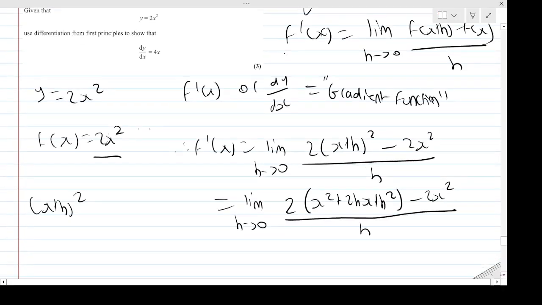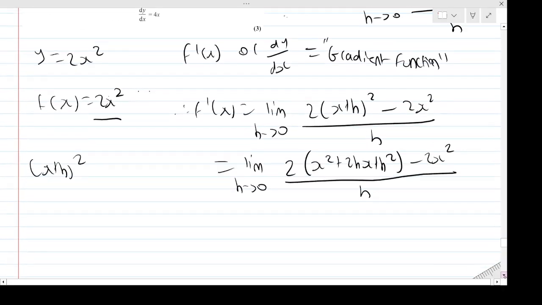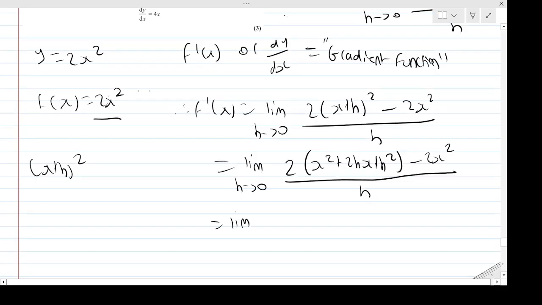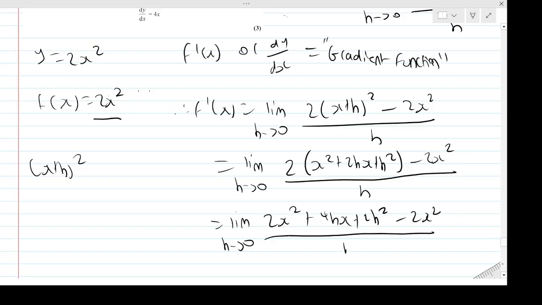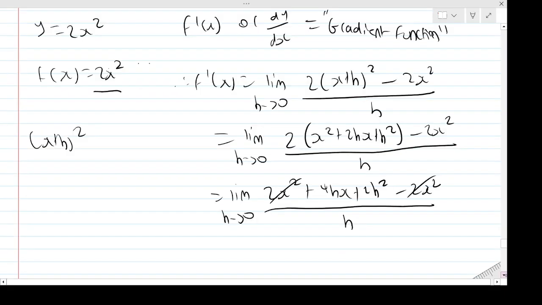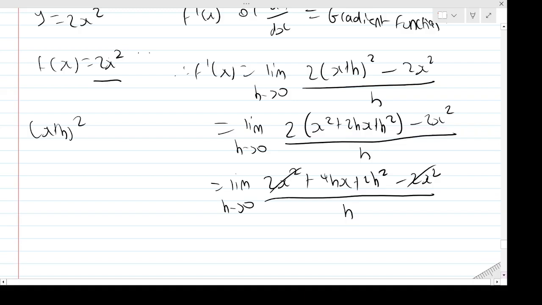Then we can expand the 2, expand this bracket we've got here. So 2 times x squared, and then 4hx plus 2h squared, take away 2x squared, all over h. Well, then the 2x squareds cancel, and I'm left with 4hx add 2h squared over h.